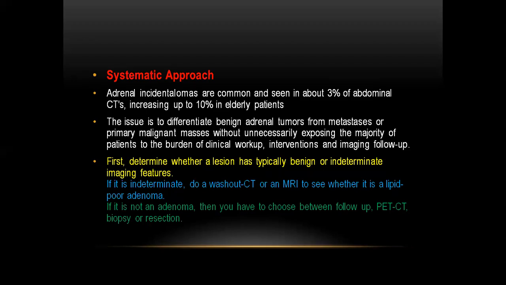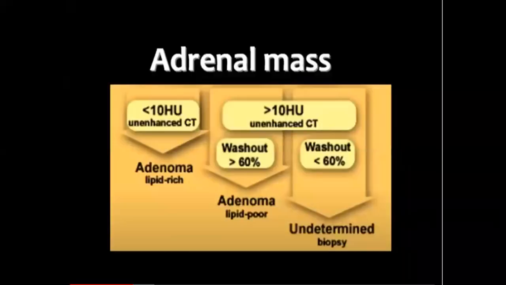First, determine whether the lesion has typically benign or indeterminate imaging features. If it is indeterminate, do a washout CT or an MRI to see whether it is a lipid-poor adenoma. If it is not an adenoma, then you have to choose between follow-up, PET CT scan, biopsy, or resection.